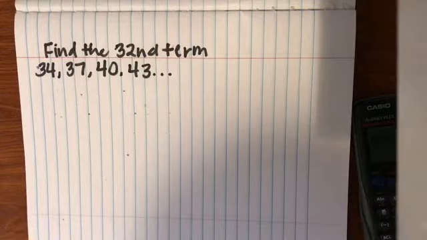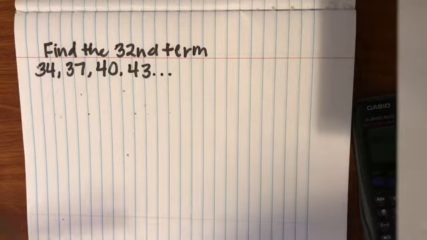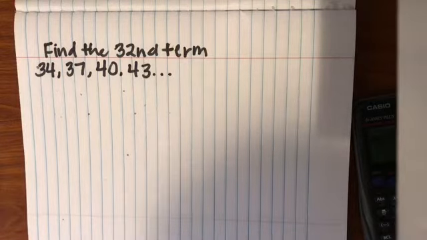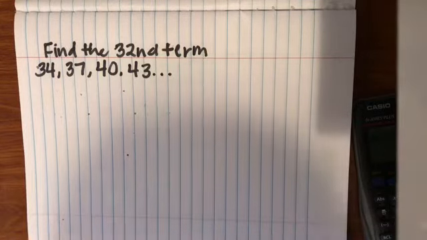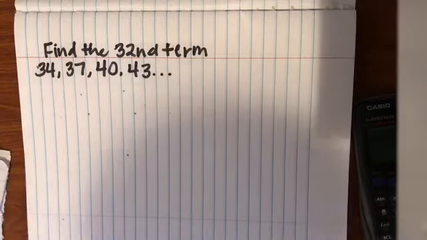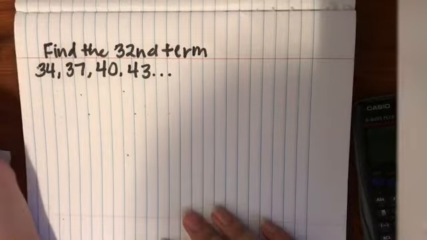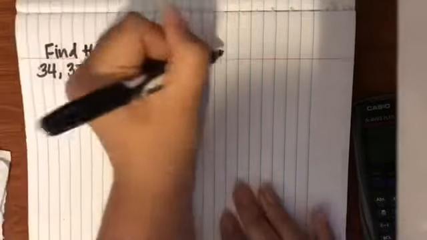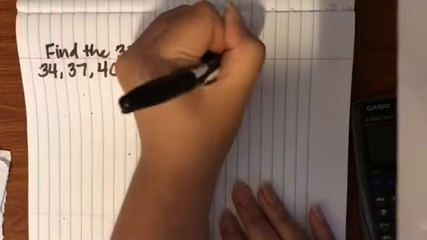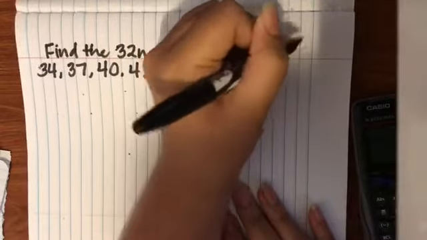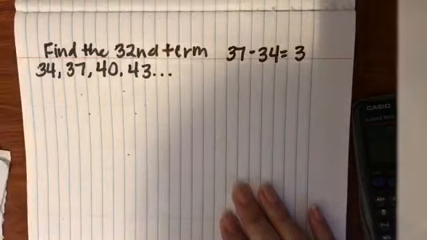Okay, so let's try a problem where we have to find the next term, which would be the 32nd term. So instead of using the recursive formula, which requires the previous term to get all the way up to the 32nd term, which is going to take a really long time, we're going to use the explicit formula, which is much, much shorter and easier to do. So first you have to find the common difference, which would be 37 minus 34 equals 3. Okay?